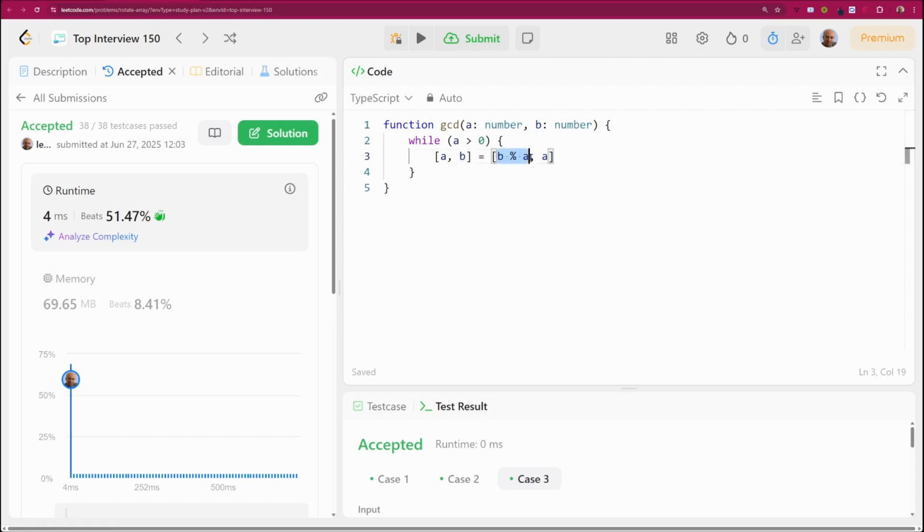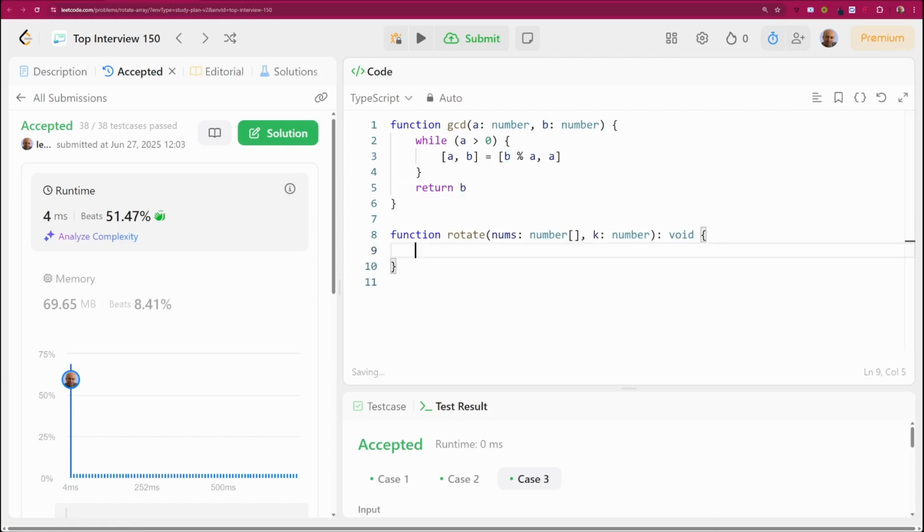And this number goes into A, because I want A to be the smallest one during the next iteration. So anyway, this would work. I just need to return B. If A is 0, we come out from this, A will be 0, which means B is the answer.